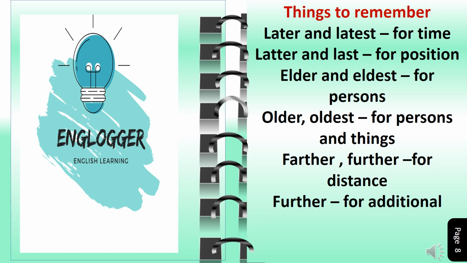Older and oldest you can use with both persons and things. Like I have an old pen with me, or I have the oldest pen with me. This pen is older than that pen. And the same with a person also: he is older to me, he is the oldest, and so on.